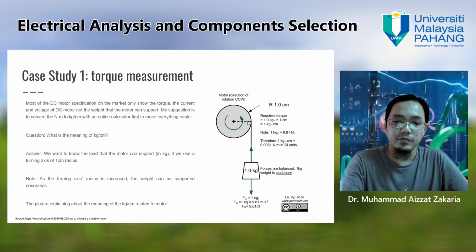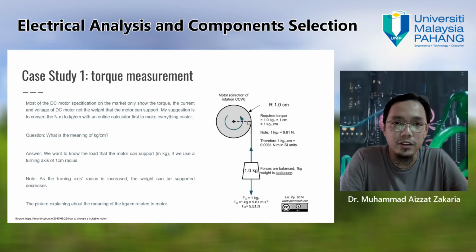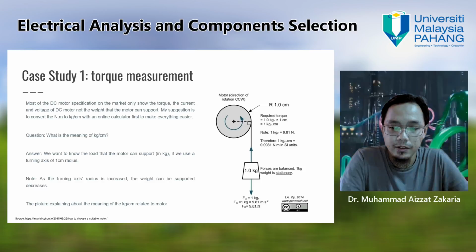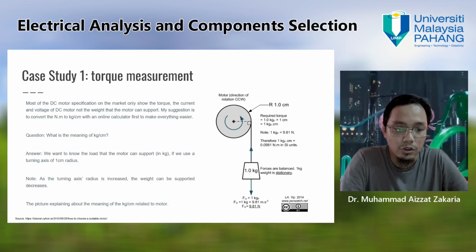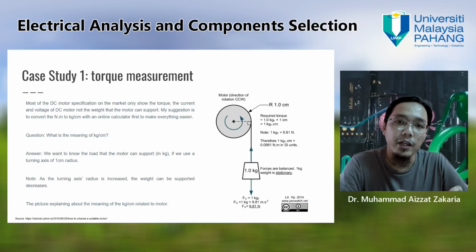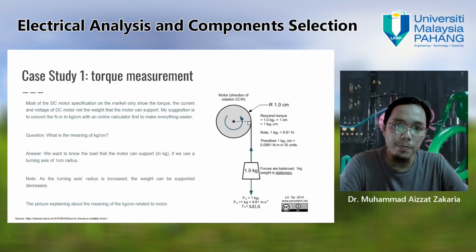In this slide is the torque measurement. This is a case study on how we want to measure the torque. The way we measure the torque is by doing a torque balance equation, where we see the value of load that the motor can balance.